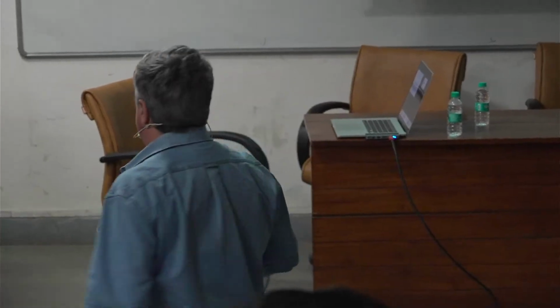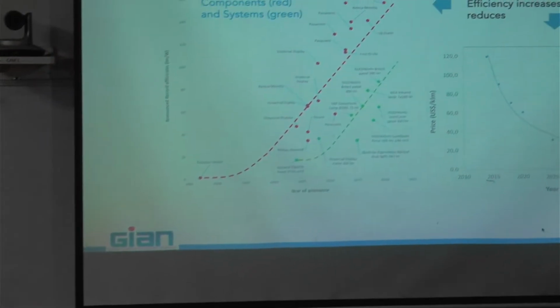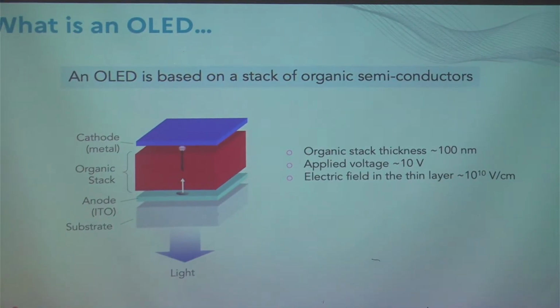An organic LED can emit from the whole surface with a single organic LED. For interior lighting, maybe organic LEDs can be more interesting than playing with this kind of LEDs. And you see also that the cost is decreasing. We are going in the right direction.